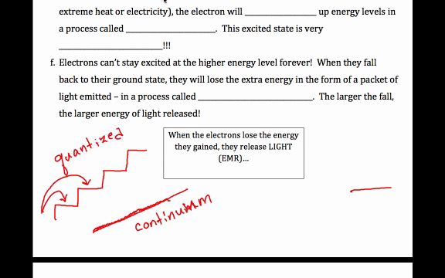So now, when an electron gains a quantum of energy, and we can do that by giving it heat or electricity, like the fluorescent light bulbs that we have, the electron will move up energy levels in a process called excitation.